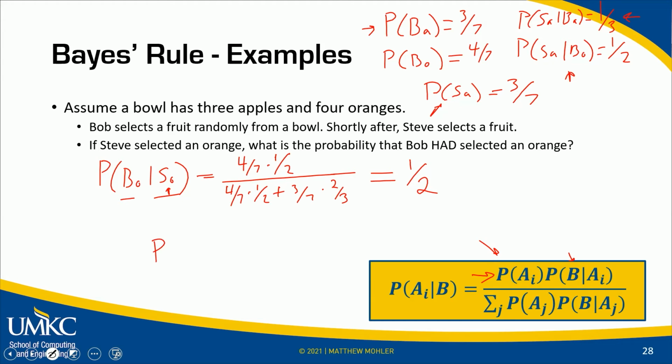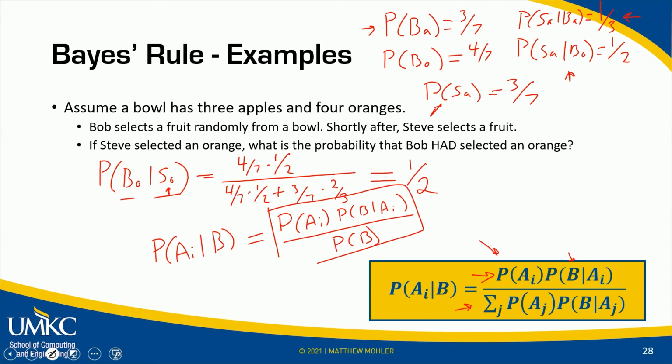And that is that the probability of A sub I given B is equal to still the probability of A sub I multiplied by the probability of B given A sub I. But this is over the probability of B. Now, the probability of B here, as you may recall, this equation was the total probability theorem, and we said that that is the probability of B. And this equation is often what you'll see for Bayes' rule, not this overly complicated version that we have down here.